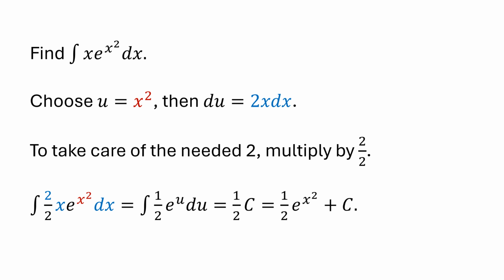Now, since the integral of e to the u is itself, we get 1/2 e to the u, which is 1/2 e to the x squared. And this is going to be, of course, with the plus c, constant of integration.